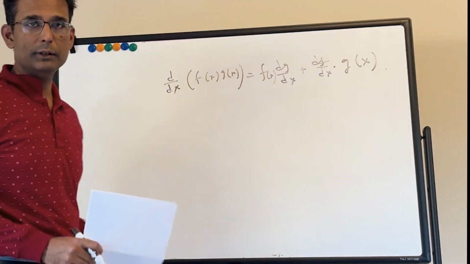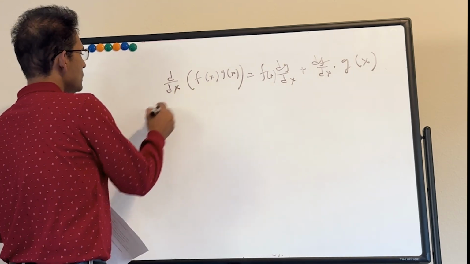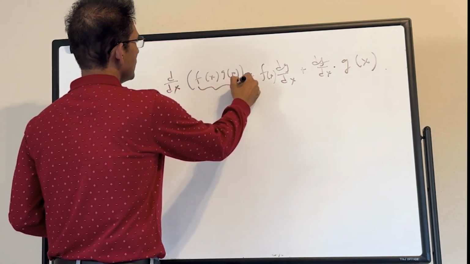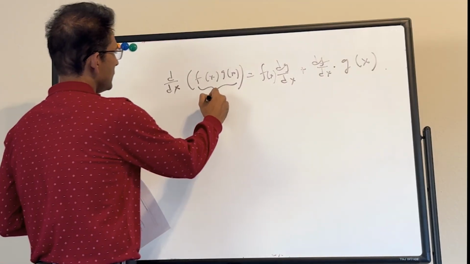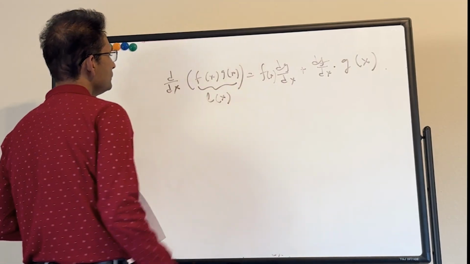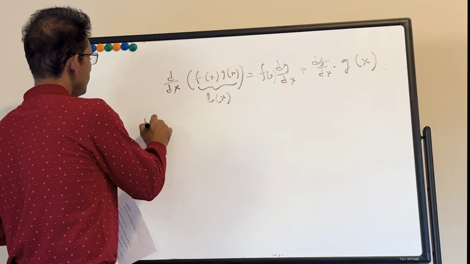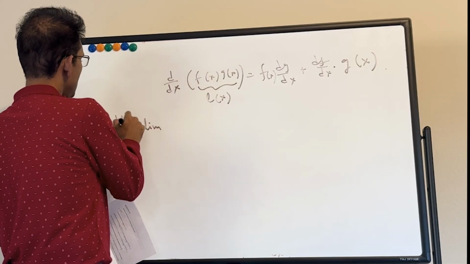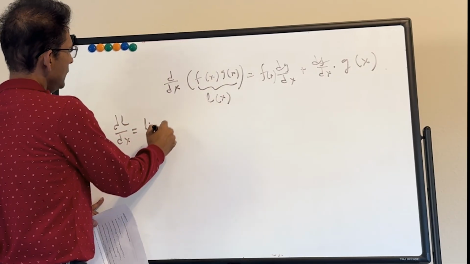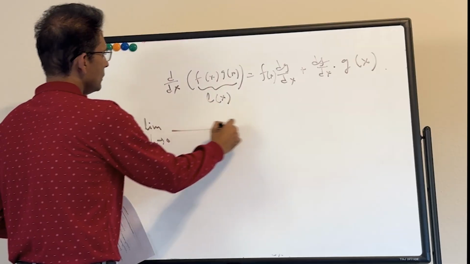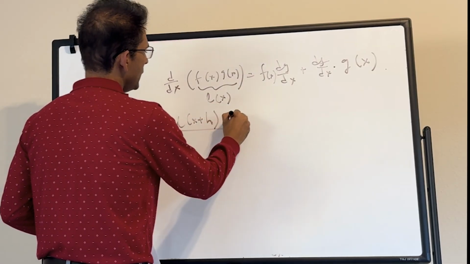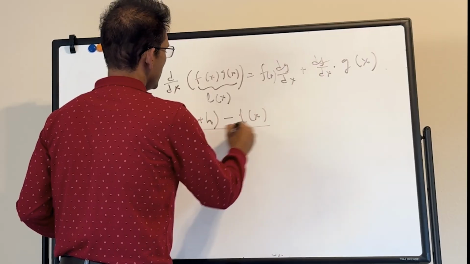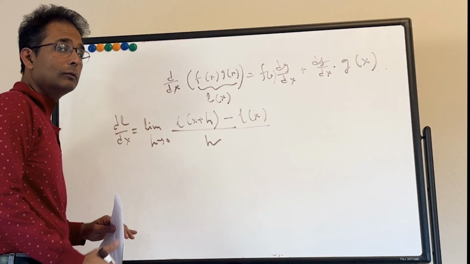Can we prove it? Let's try to prove this. Once again we have to give it a different name, so let's call it L(x), just like before. So what is the definition of the derivative? dL/dx is equal to limit h going to 0, (L(x+h) minus L(x)) divided by h, right?